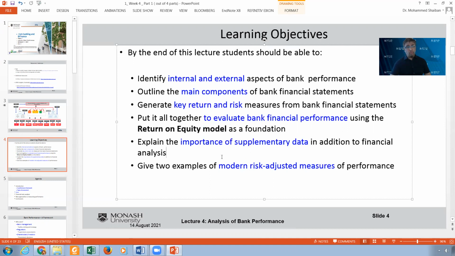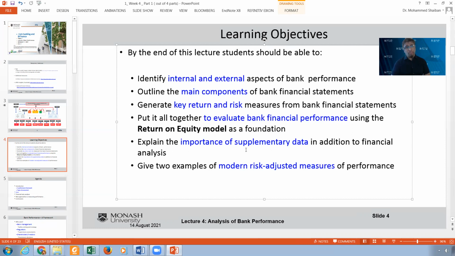And then we will talk about the importance of supplementary data. When you have a financial report, you will have the main data coming through the financial statements: income statement, balance sheet, retained earnings, and cash flow statements. But later on in any report, you will have so much information in the body of the report.